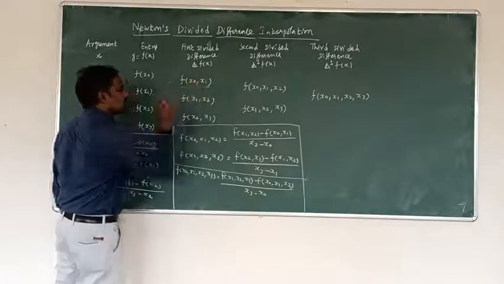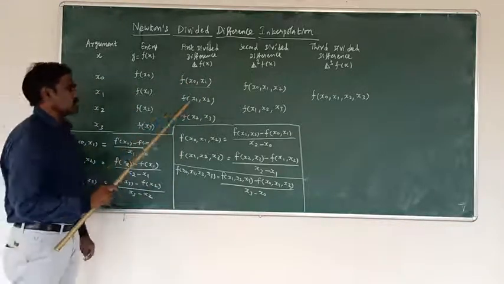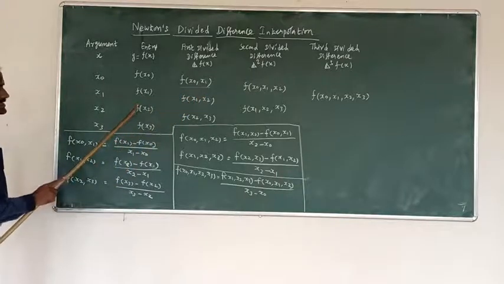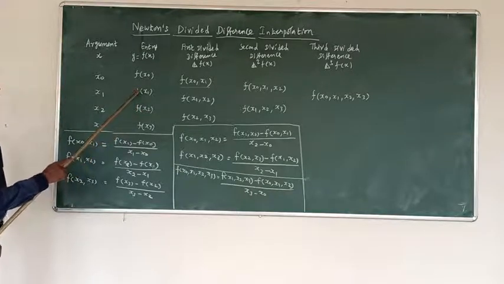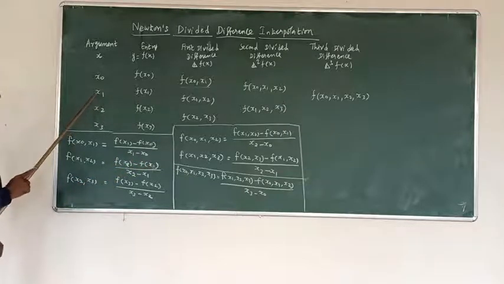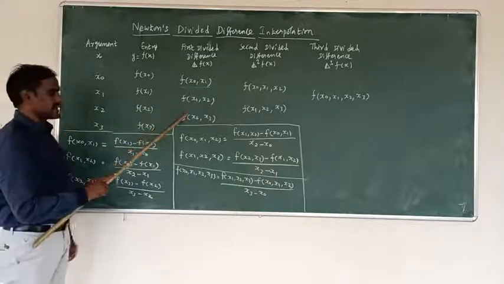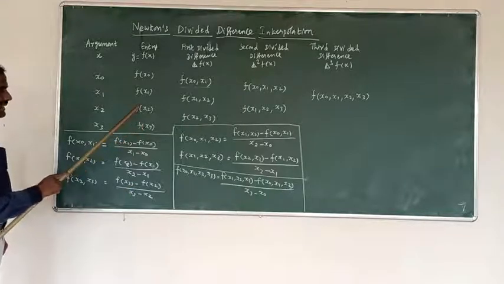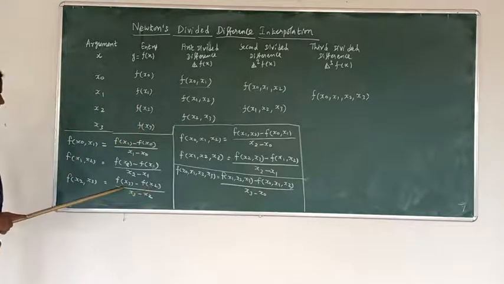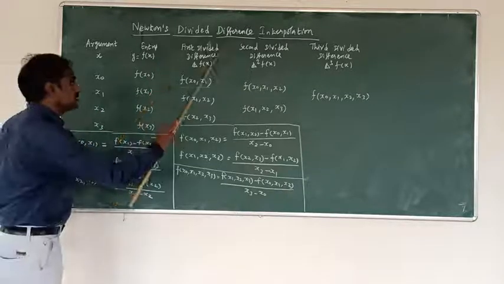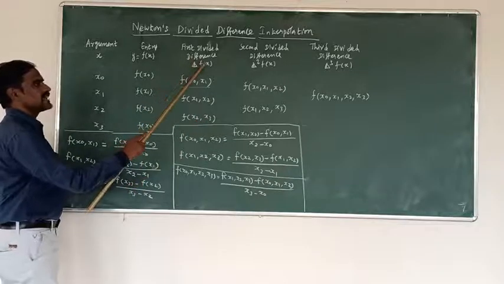The same thing, f of x1 comma x2 is f of x2 minus f of x1 divided by x2 minus x1. Next, f of x2 comma x3 is f of x3 minus f of x2 divided by x3 minus x2. This is the first divided difference, delta f of x.